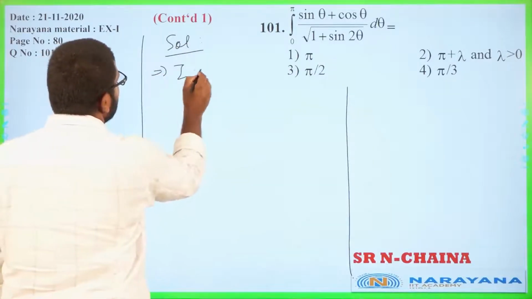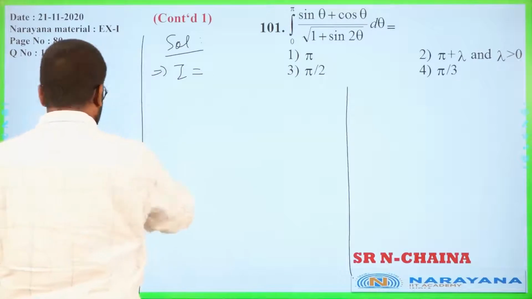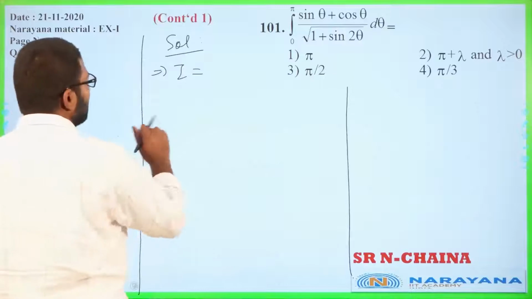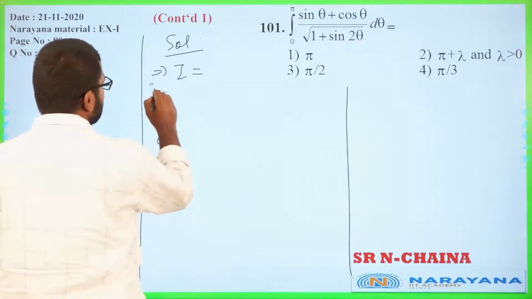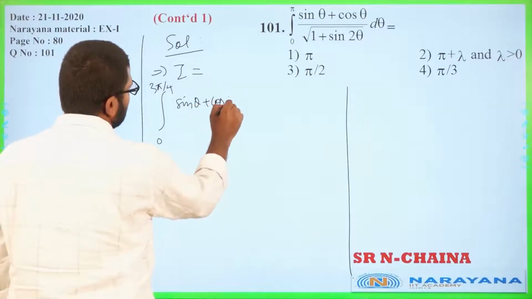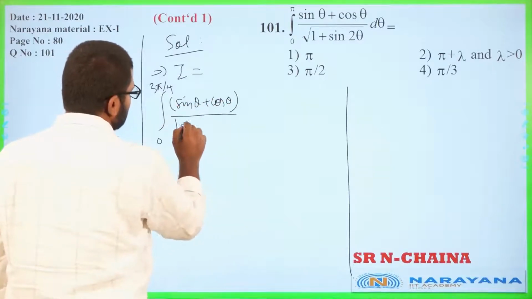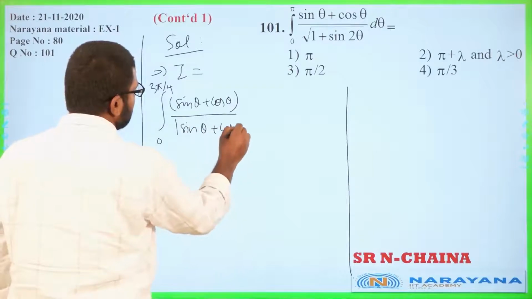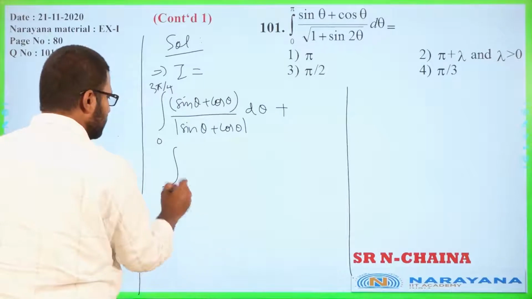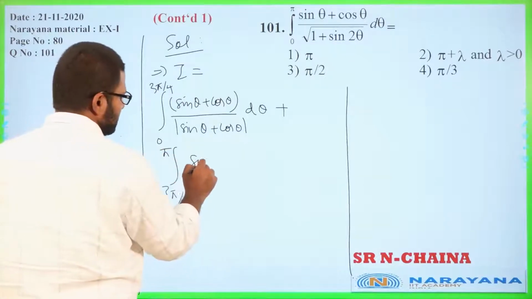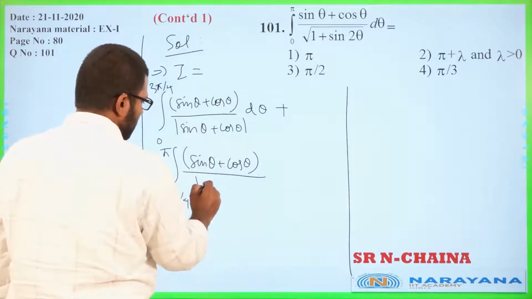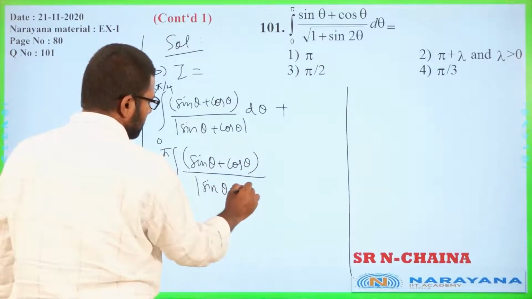But once this is clear, we will say I can be written as, we have not yet split it, okay. So I is equal to integral 0 to 3 pi by 4 of (sin theta plus cos theta) upon mod (sin theta plus cos theta) d theta, plus integral 3 pi by 4 to pi of (sin theta plus cos theta) upon mod (sin theta plus cos theta).